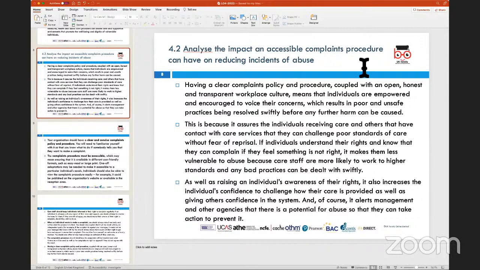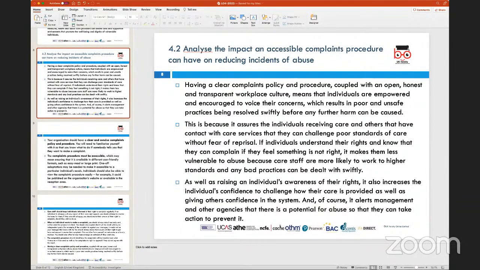This ensures there are ways for people receiving care to raise concerns through the complaints procedure, which helps authorities carry out risk assessments and relook at procedures to avoid individuals being put into harm's way or being abused.